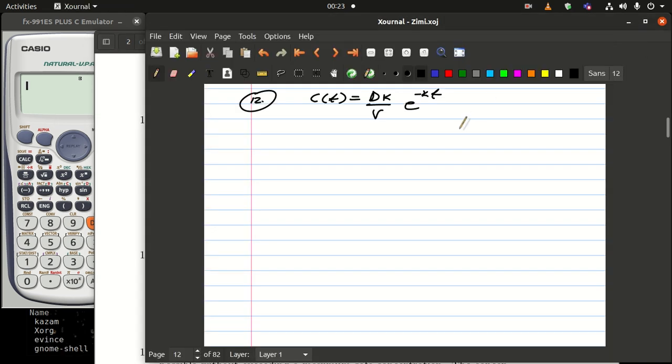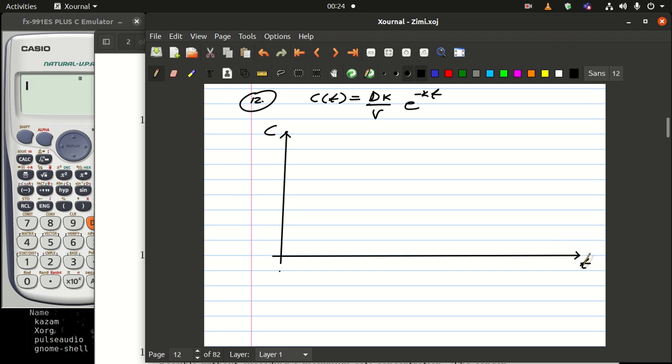Now, if I wanted to model what is basically happening here, remember that after every 6 hours, let me draw this. Maybe it's going to make a lot of sense if I draw it. Suppose I draw this, and on this side I want concentration, and on this side I want time.